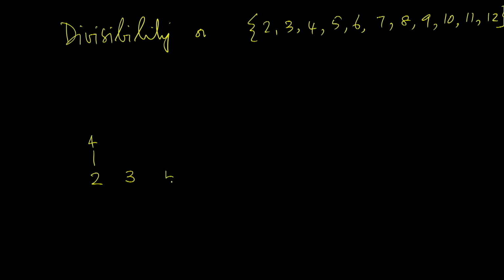Now, 5 doesn't divide any of the previous numbers, it is a prime, and the previous numbers do not divide 5. Then we have 6. 6 is divided by both 2 and 3.